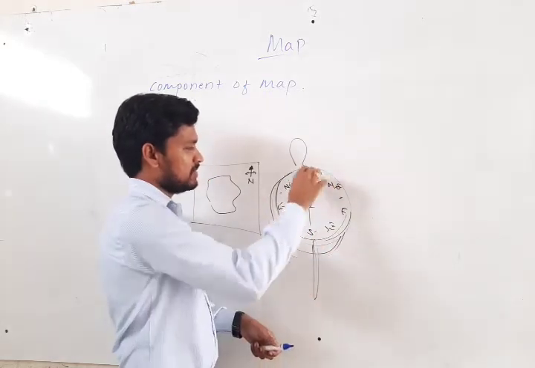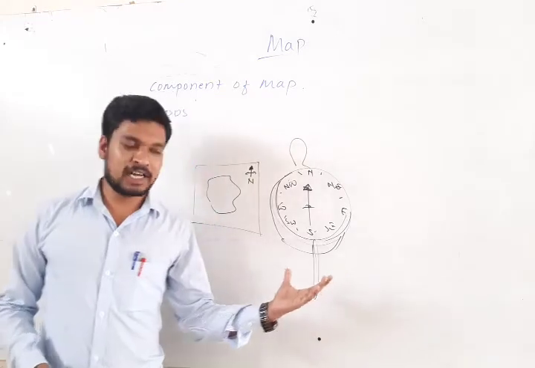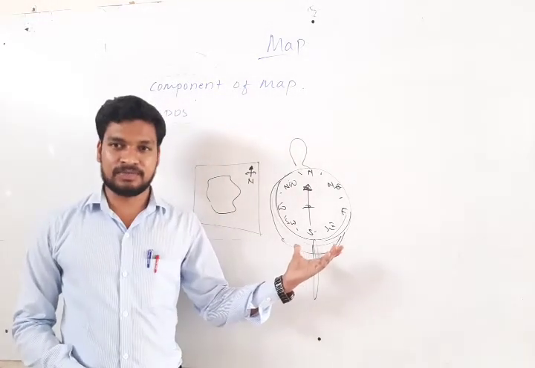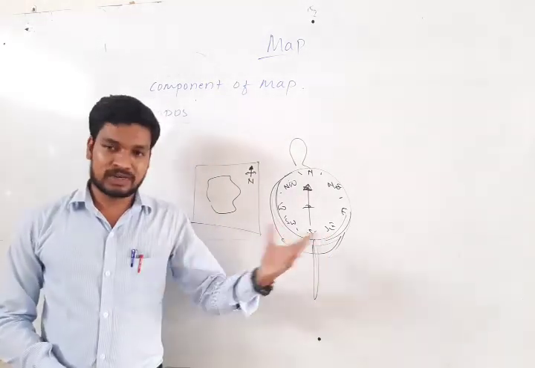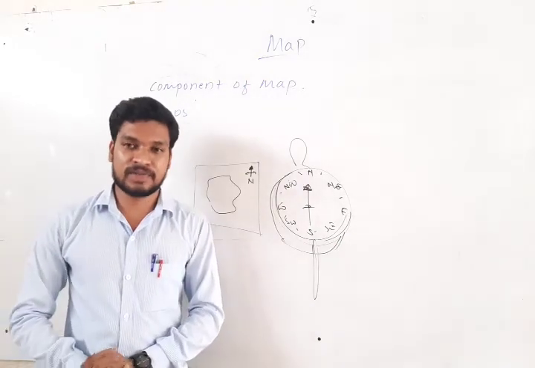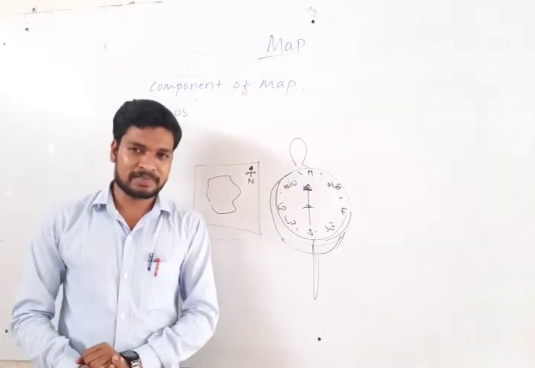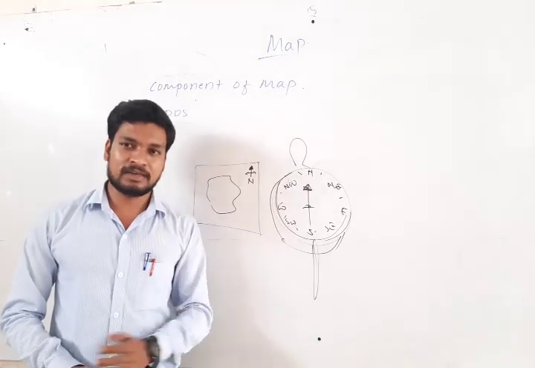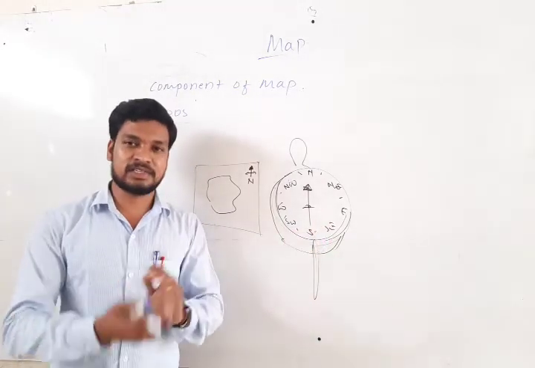It looks like a watch, but it's a compass. Sailors traveling in the ocean used it, because at that time they didn't have a watch or any Android mobile to see the time and the directions.